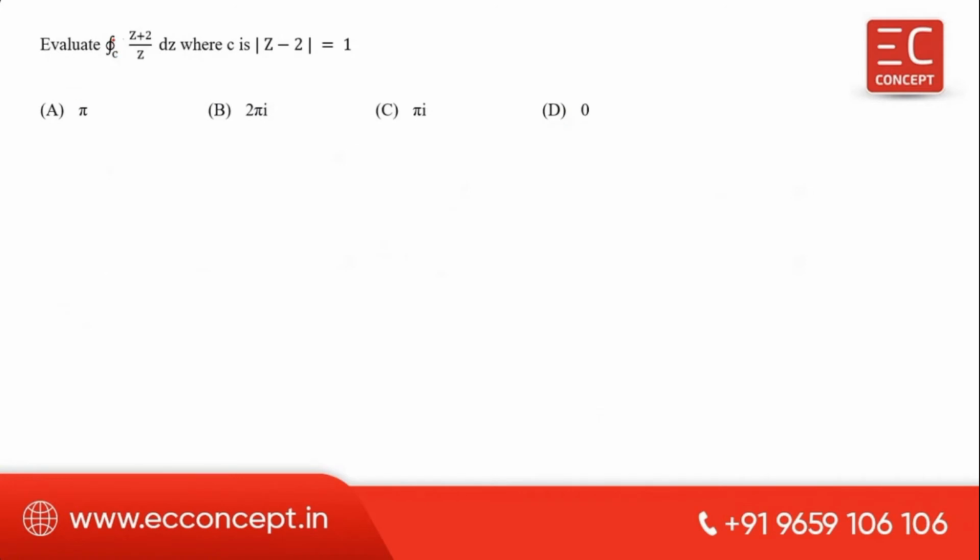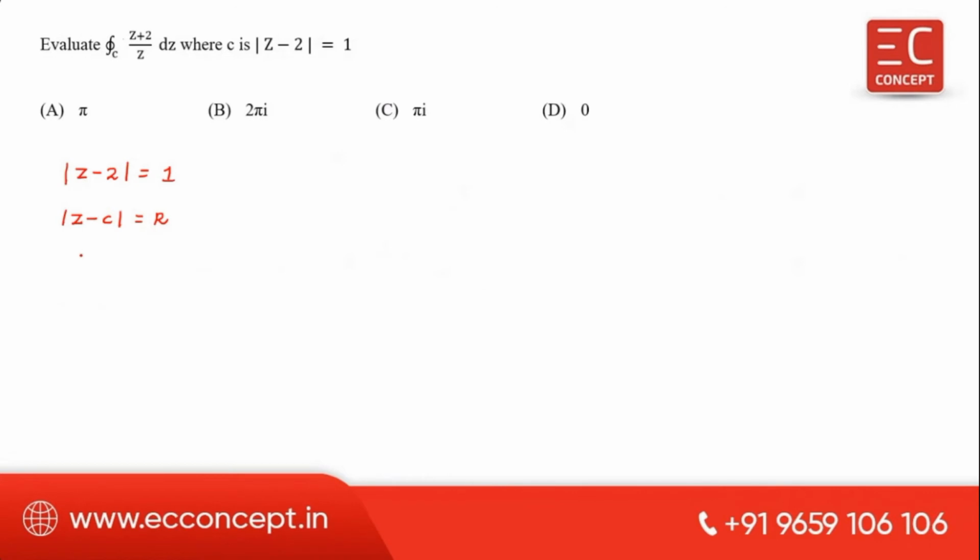Now, evaluate the integral over the circle of (Z plus 2) divided by Z into dz, where C is the circle and so on. Here the format is, if they give |Z minus 2| is equal to 1, this is the general form of |Z minus center| equal to the radius of the circle.